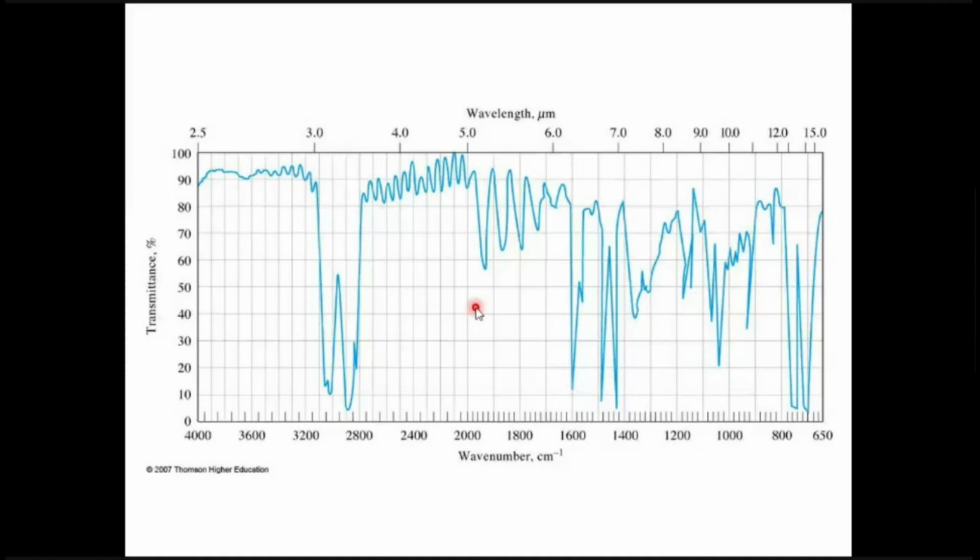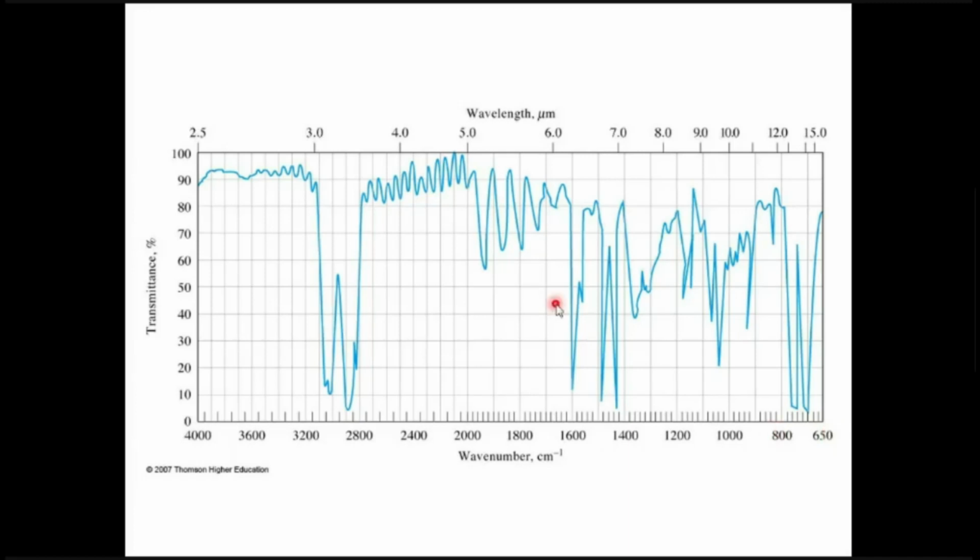If you look at the infrared spectrum, on the x-axis you will observe wave number. It ranges from 4000 to 650. Now you must have got the idea why we start with a larger number and end up with a lower number in case of wave number.